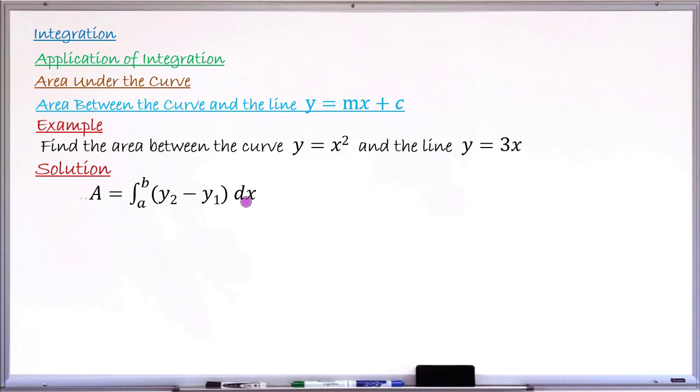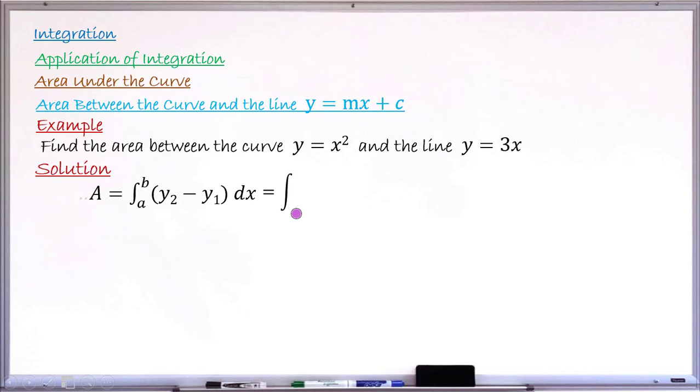So let us move. What I'm now going to do is find the limits. The limits, this a and b, the rule says, are the points of intersection of the curve and the straight line. The values of x at those points of intersection will give you the limits.